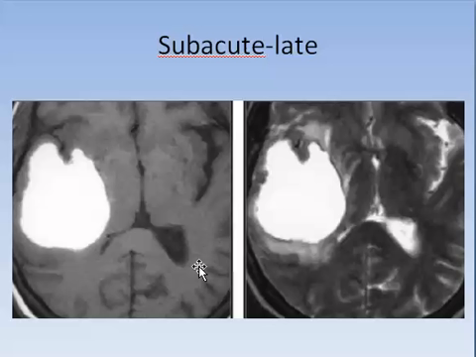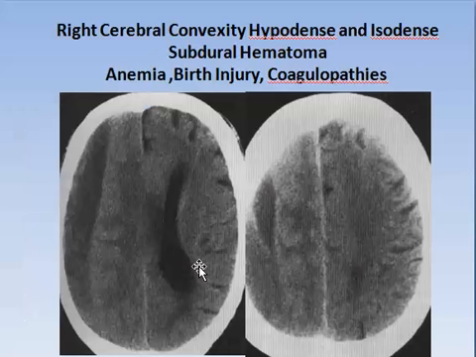Here, at the right cerebral convexity, is a hypodense and isodense subdural hematoma, partially hypodense, partially isodense.